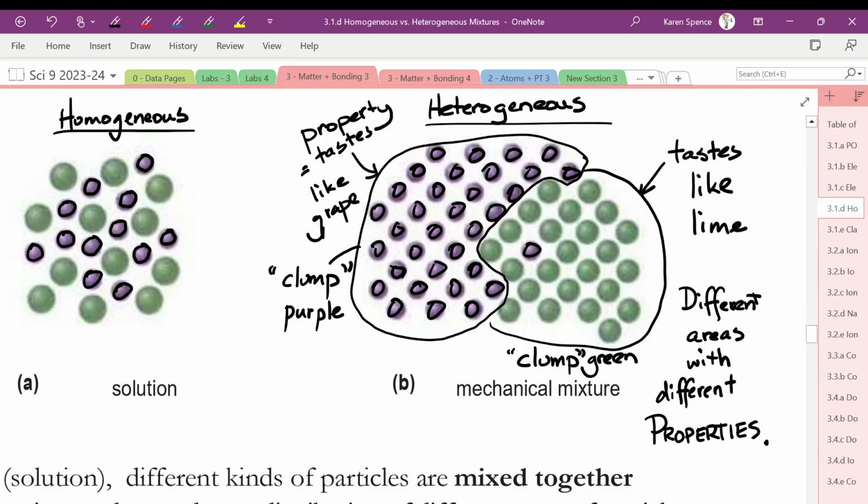Now, what would it taste like if you tasted the homogeneous mixture? It would taste like grapey lime or limey grape. Yes?